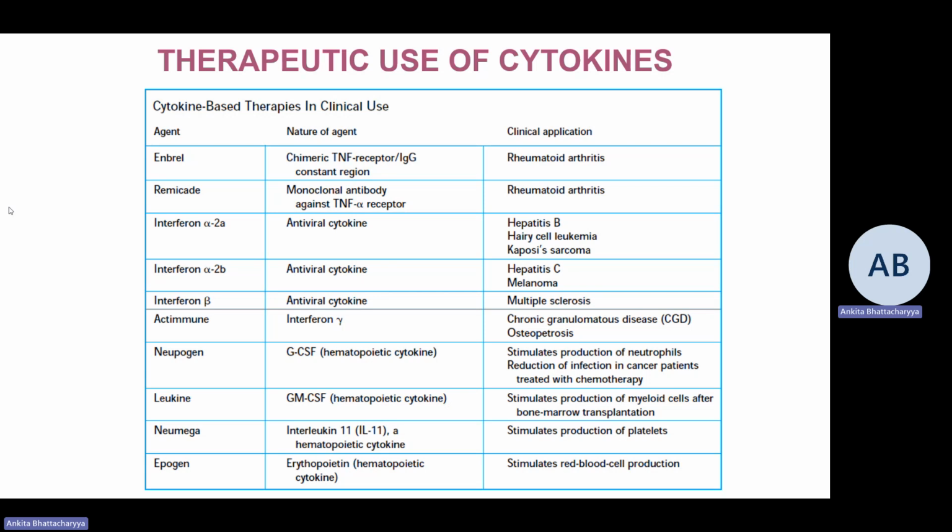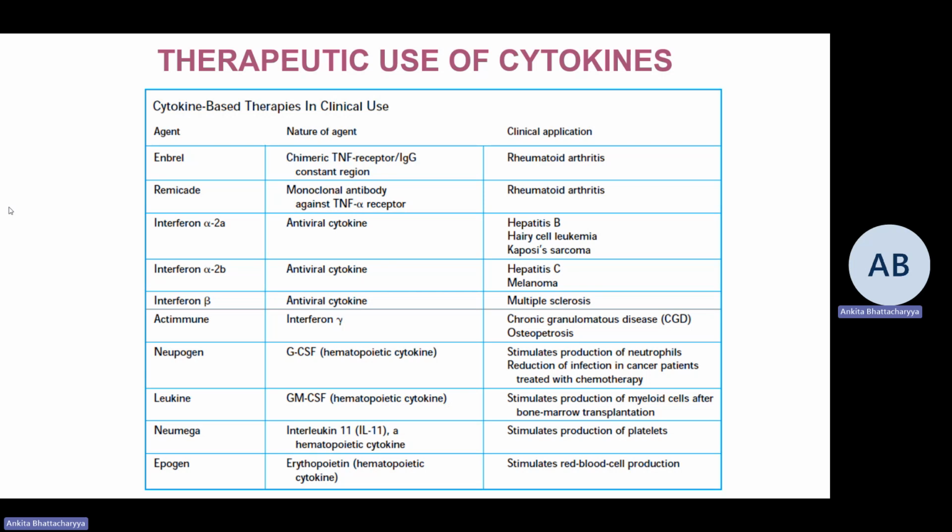And also osteopetrosis. Then comes Neupogen, which is G-CSF, a hematopoietic cytokine that stimulates the production of neutrophils and reduces infection in cancer patients who have been treated with chemotherapy. Leukine, GM-CSF, stimulates production of myeloid cells. After a bone marrow transplantation has been carried out, it aids such patients.